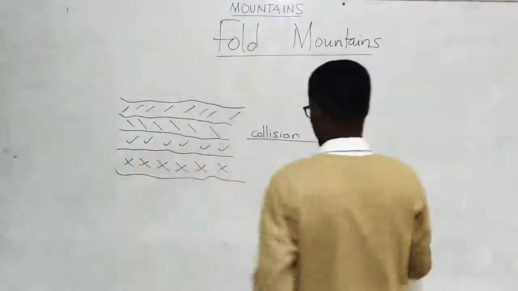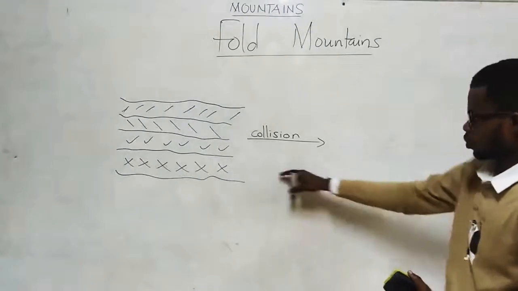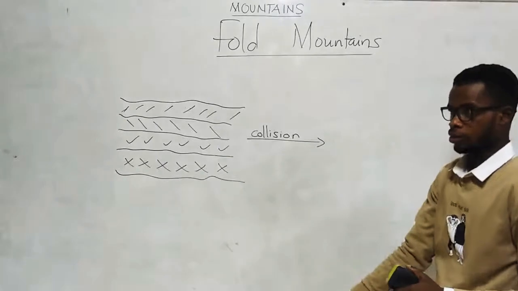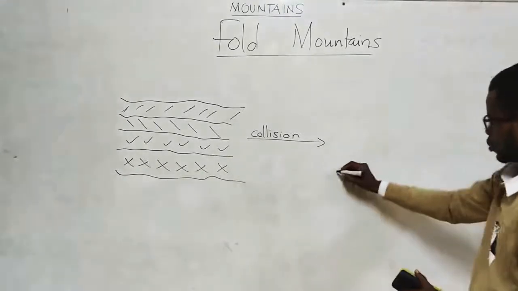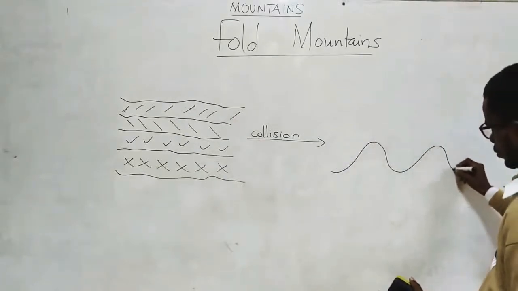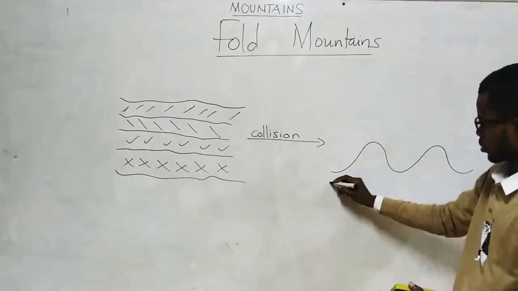After the collision process, when it affects the innermost or a lower layer, it will definitely affect the top one. So we will have something like this. The bending or folding is taking place.